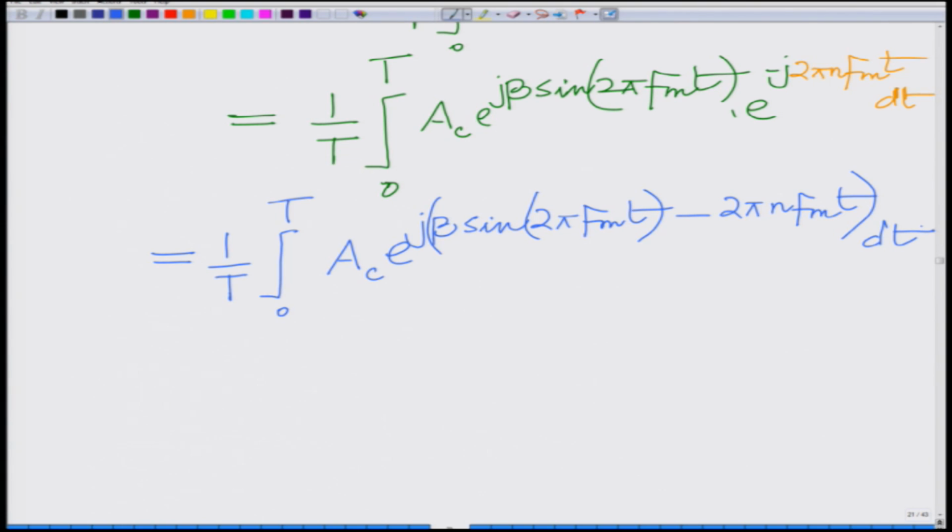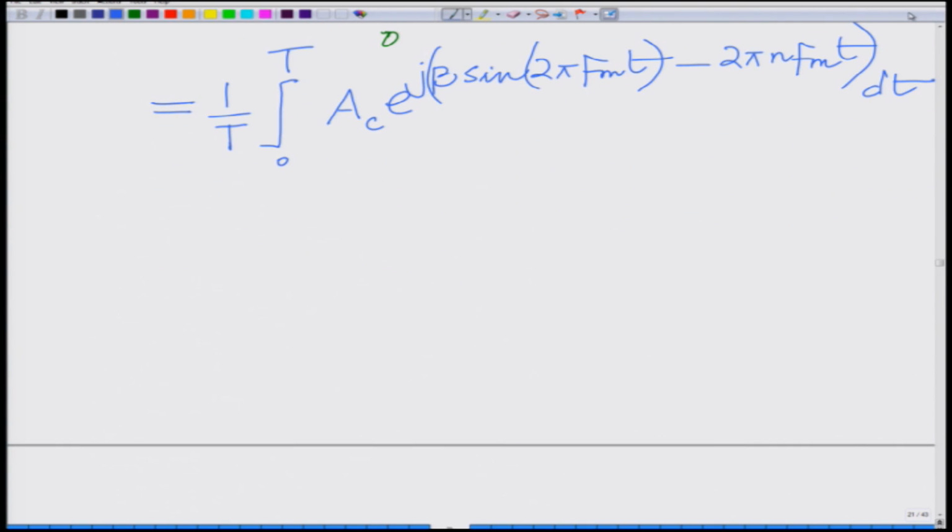Now, let us employ a substitution. I can employ the substitution 2 pi fm t equal to x, which means that dt becomes dx by 2 pi fm.